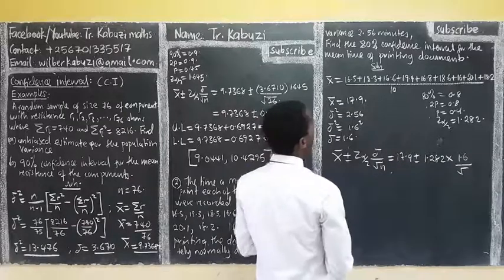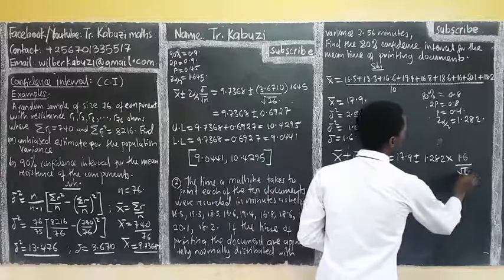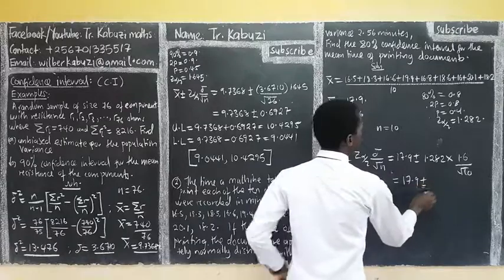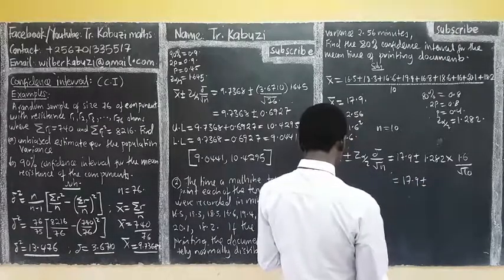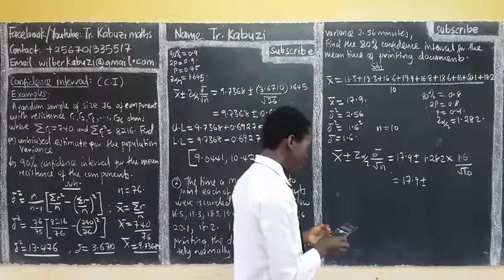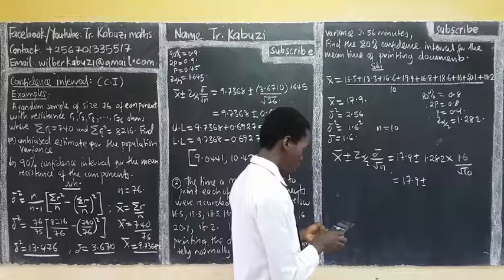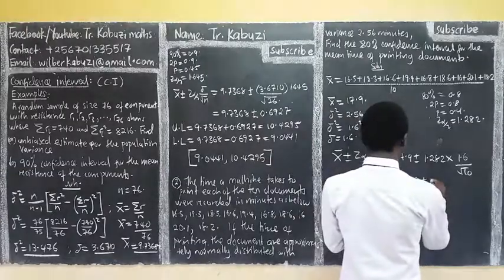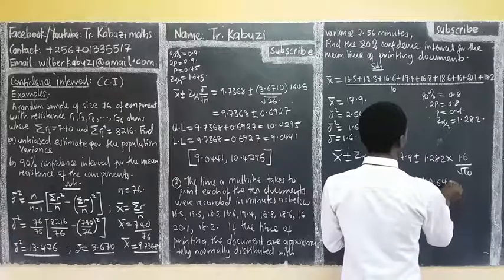From there, see that our n was 10. When we place that on a calculator, root 10, then 1.6 divided by the answer, press equals, then times 1.282, the answer we are getting is 0.6486.